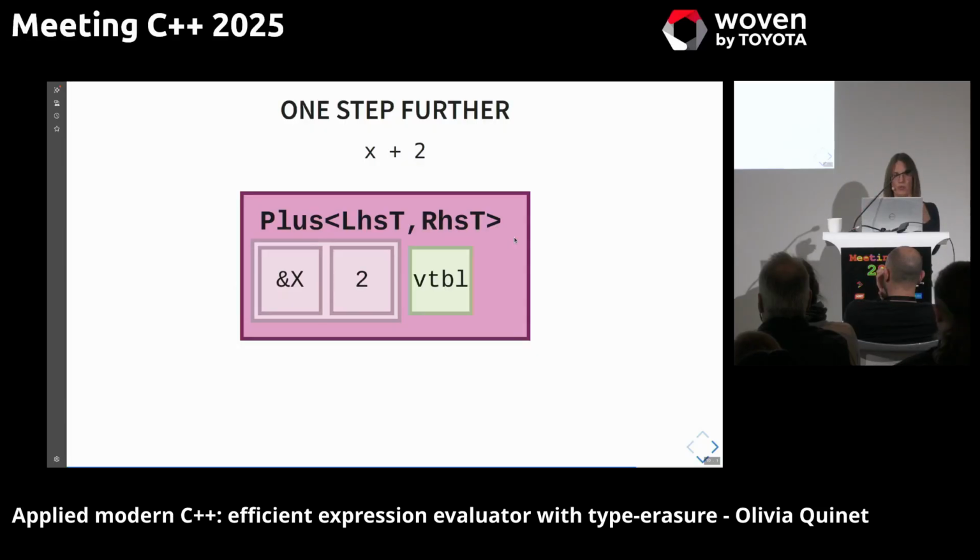But this time the plus operator is a template structure where we know that on one side I have a pointer to the value x, and on the other side I have the value 2 directly. But for this, of course, you need to have the pimple big enough to contain not one value, but 2 values. So if you increase the size of the pimple, you can do this type of thing.